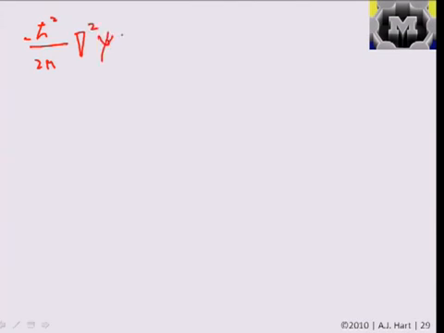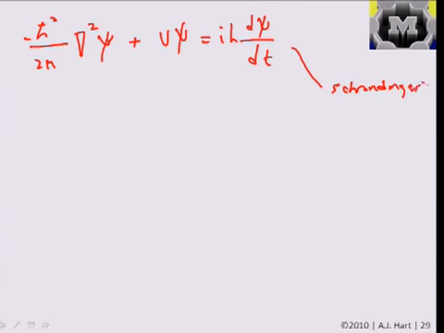So I'm just going to write out the full formal definition of Schrodinger's equation, and then we will take a simplified case. So the formal full Schrodinger's equation looks like so, where U is the potential energy, psi is the wave function, and H is Planck's constant.